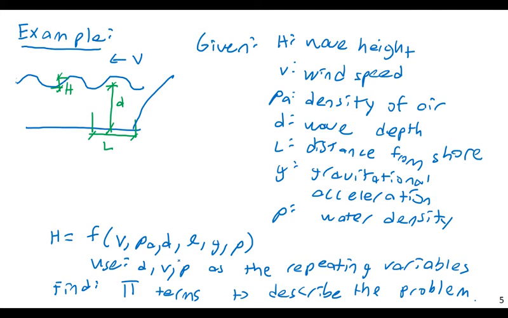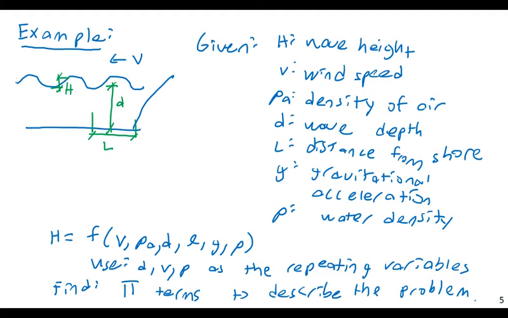Now, trying to do this all by inspection would be quite hairy. For a given pi term, I'm going to have 4 different variables, the 3 repeating variables and one of the non-repeating variables. And to solve for that is going to take a long time by inspection.